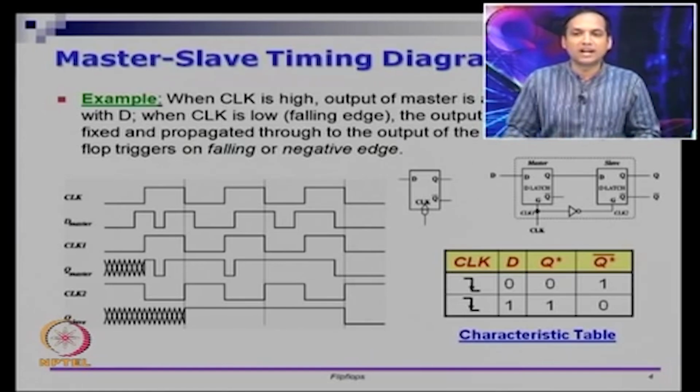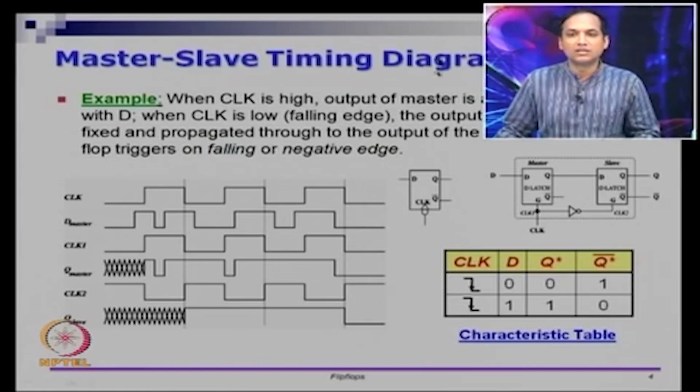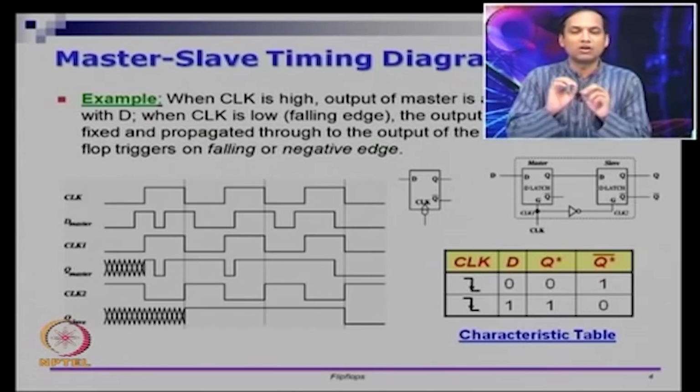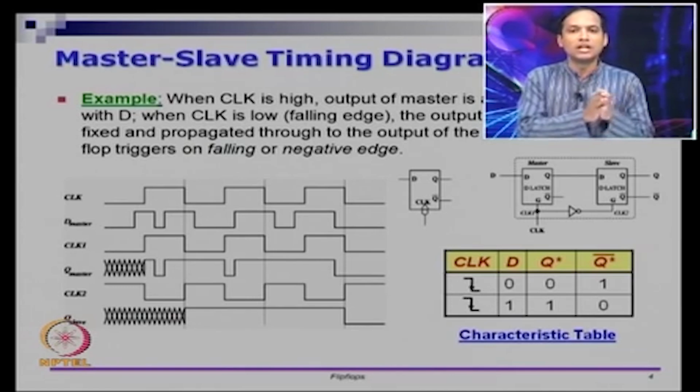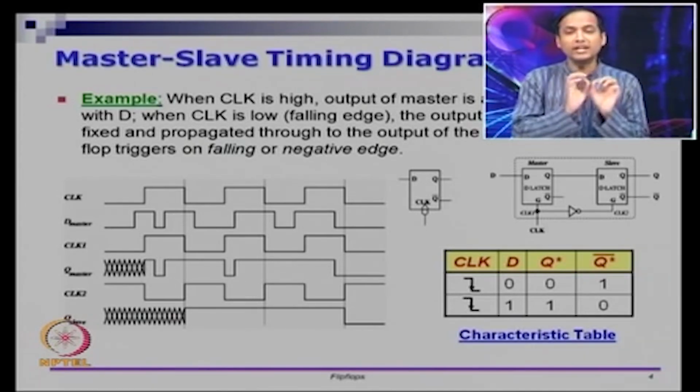My claim is that this black box, which is called the D flip flop, is going to check what the value of D is on the negative edge of the CLK signal. If on the negative edge of CLK, D is 0, it will copy that, if D is 1, it will copy that, only during the negative edge of the clock.